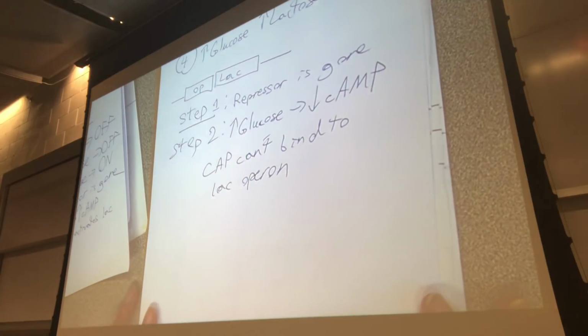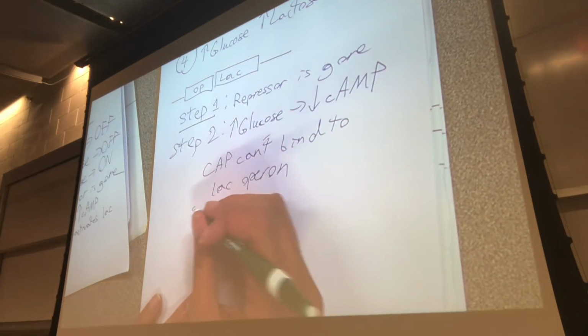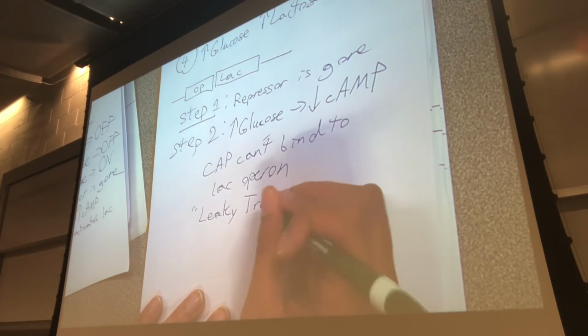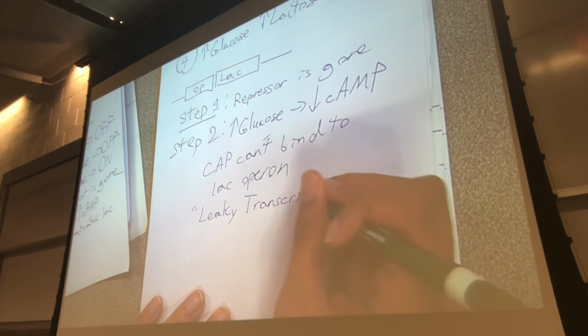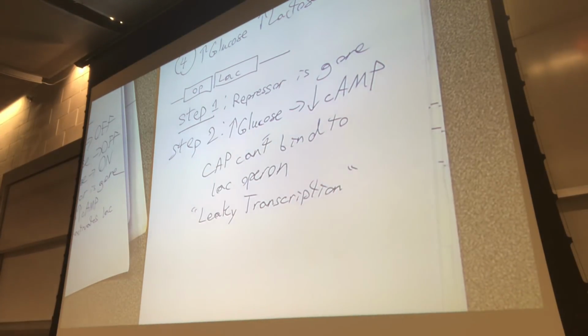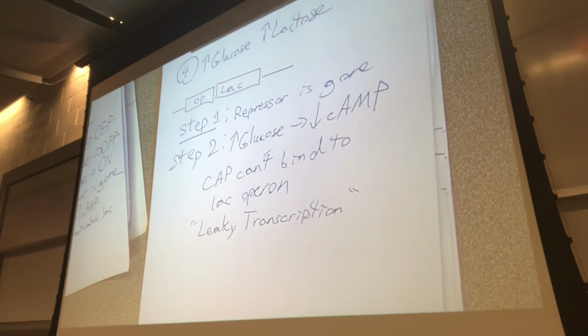There is a term used to describe that called leaky transcription. There is leaky transcription. So this happens when there is both glucose and lactose. The bacteria is happy. There's plenty of food for it everywhere of all varieties. However, it's picky. It prefers to use glucose instead of lactose.